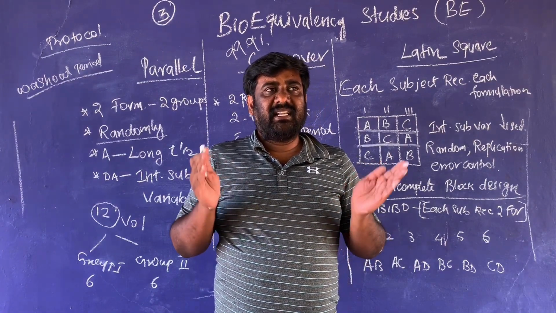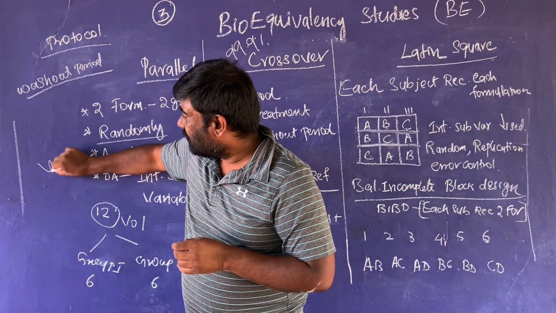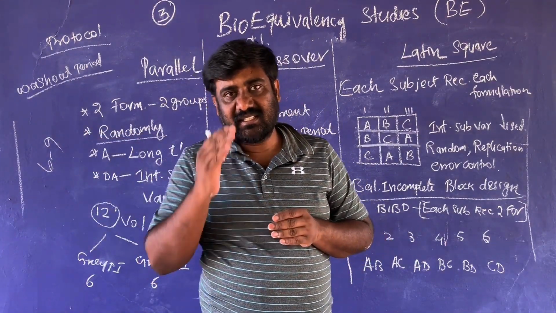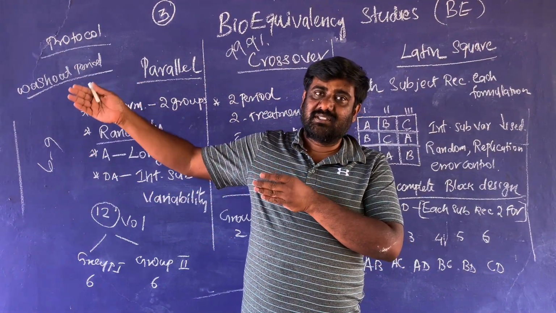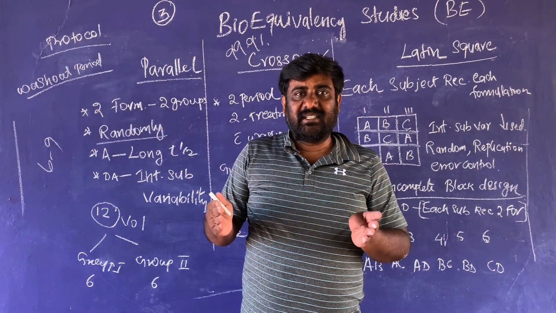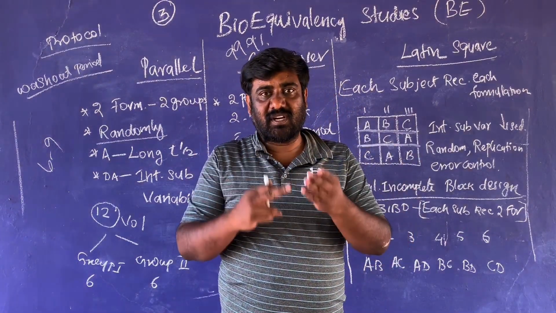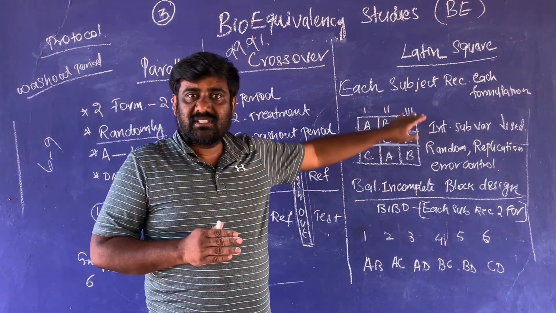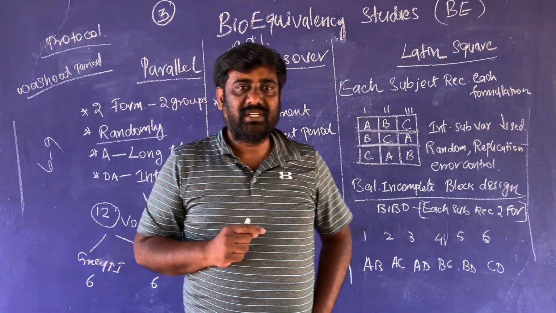In very rare cases, a drug like digitoxin has a half-life of 6 to 9 days. Just imagine 6 to 9 days into 10 times, it will go around 60 to 90 days. So for digitoxin, for example, if a 4-formulation bioequivalency study is done using the Latin square or the BIBD method, it will take around 1 year to complete.